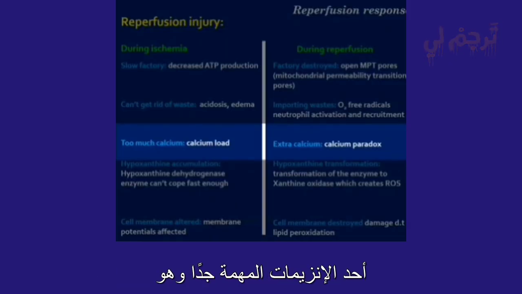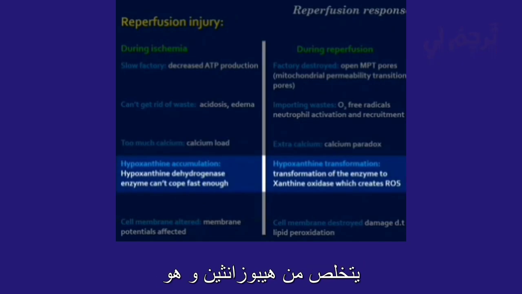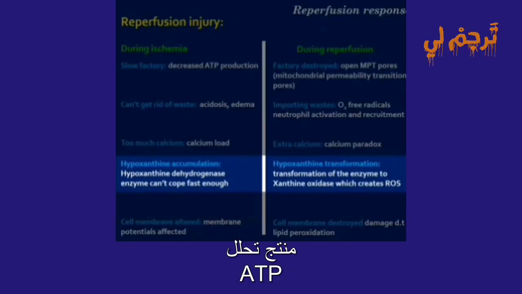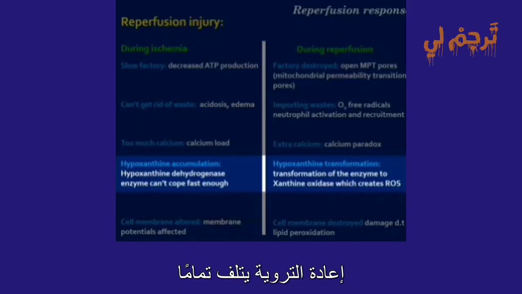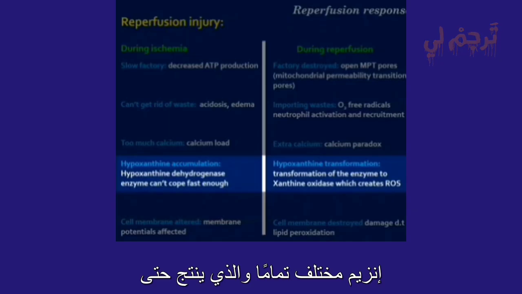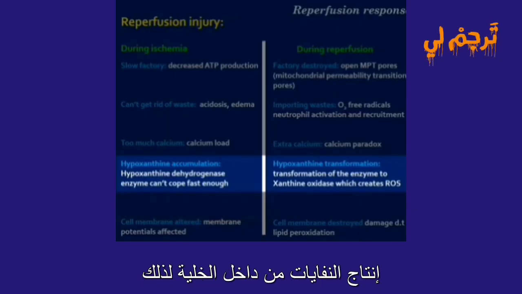Also, one of the very important enzymes, hypoxanthine dehydrogenase, which gets rid of hypoxanthine, a degradation product of ATP, gets slow during ischemia. During reperfusion, it gets damaged altogether. It gets transformed to a completely different enzyme, which even produces innate oxygen free radicals and starts producing wastes from inside the cell.